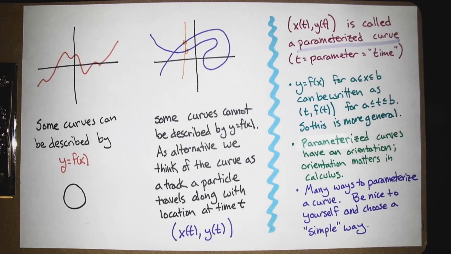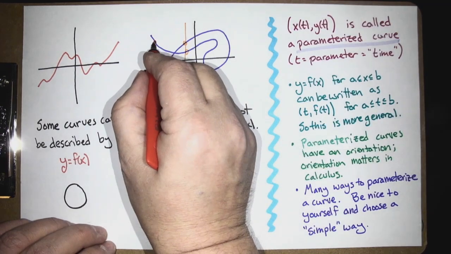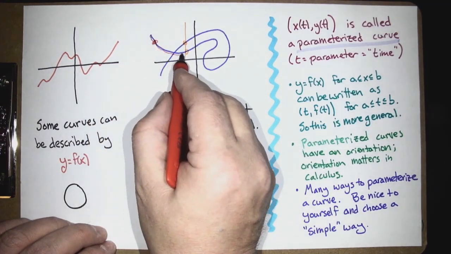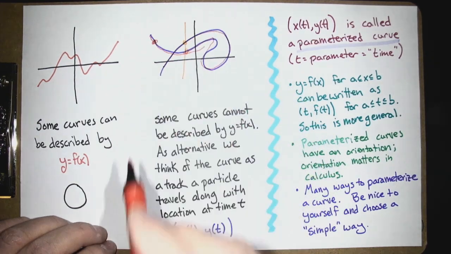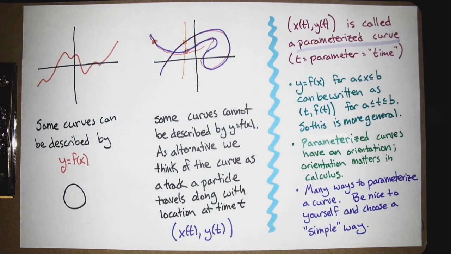So here's what I like to think of it is. Imagine you have a particle traveling through space. So there's a little dot here. And it's just moving through space. And what happens is that the curve is keeping track of where it went. So the curve is tracking the particle.